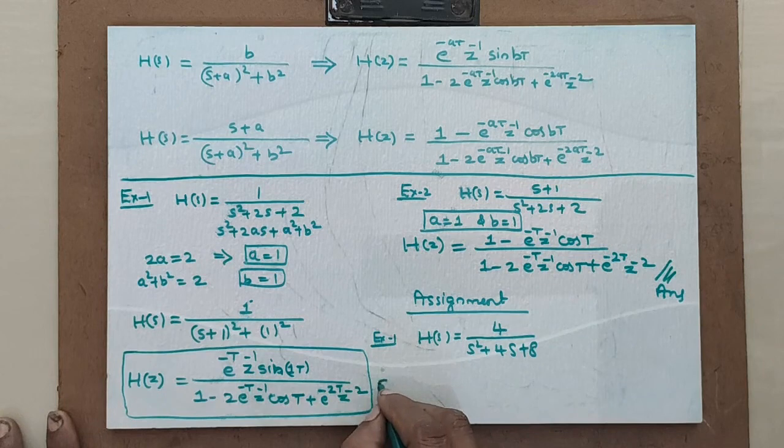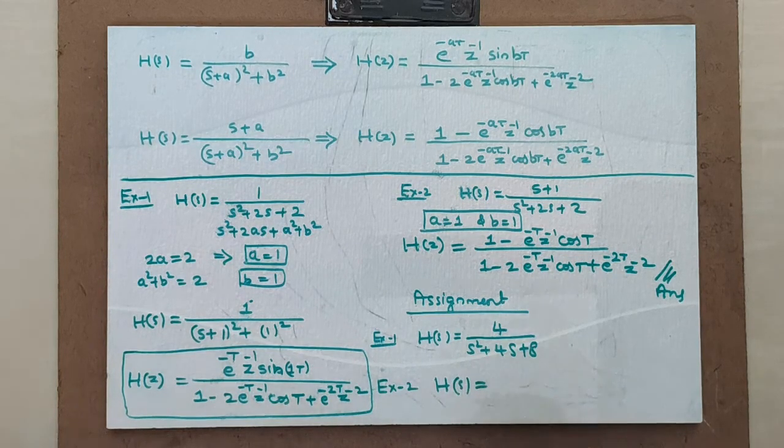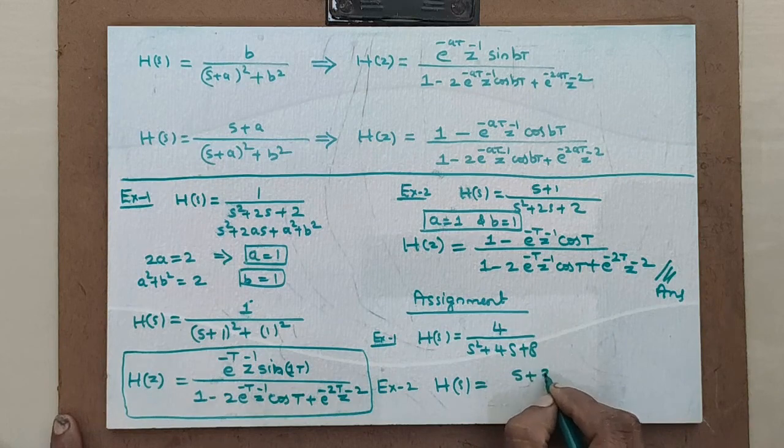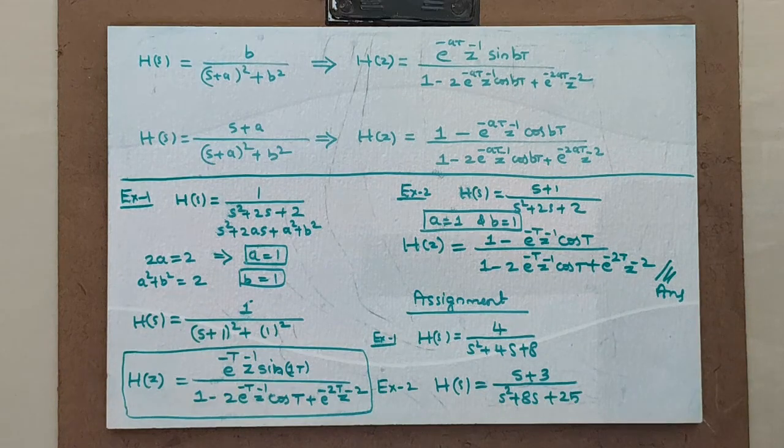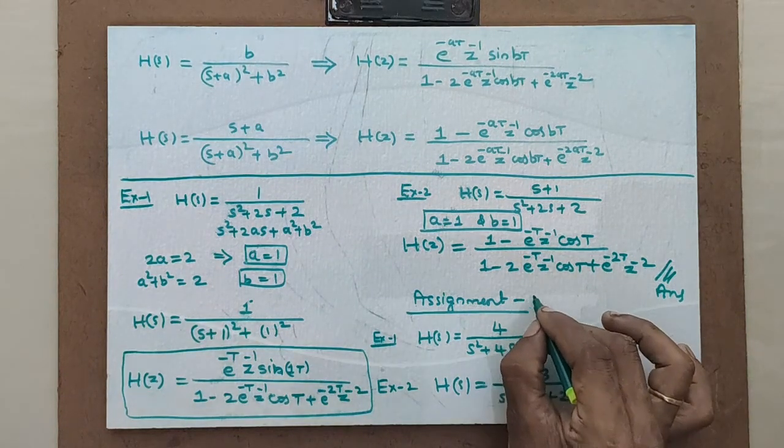Example 2 which you have to solve: h of s is equal to s plus 3 whole divided by s square plus 8s plus 25. These two. This is assignment number 7, I think.